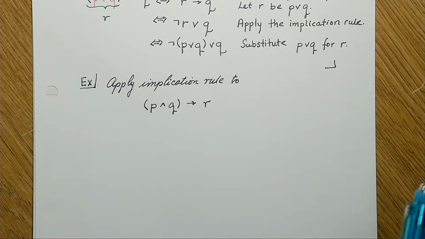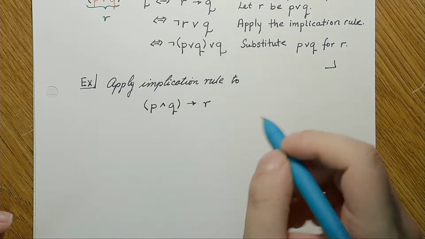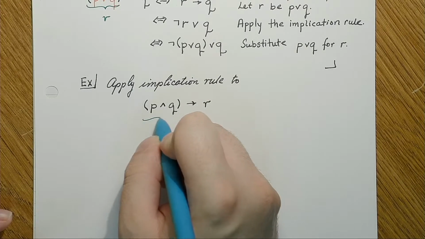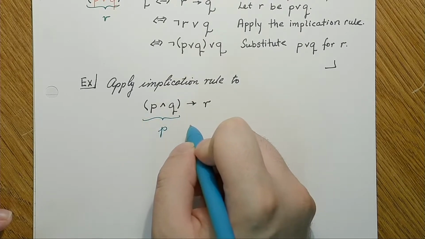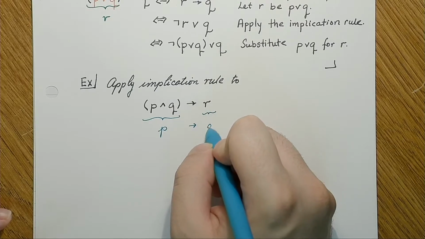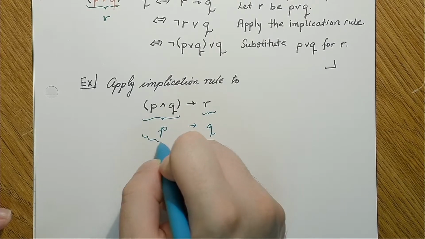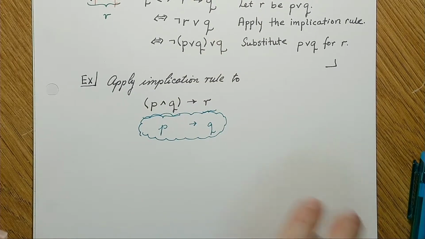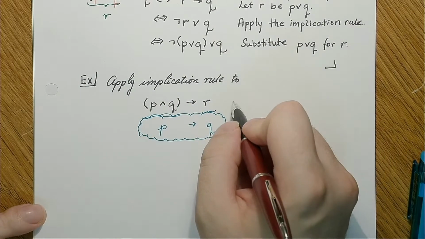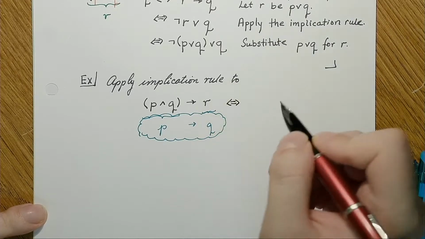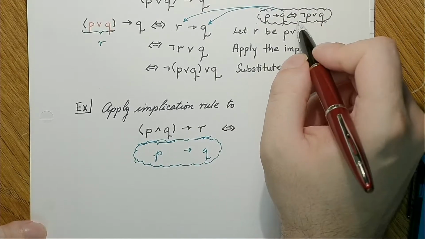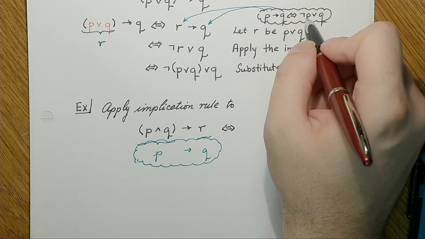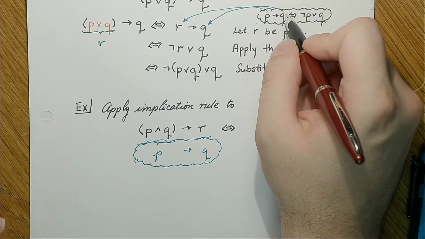We're thinking really of this as P implies Q. What that rule keeps telling us is that the first part here is the not, or the second part.